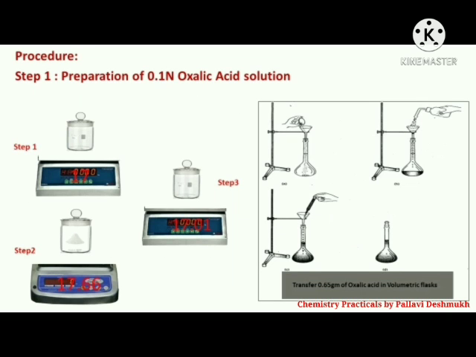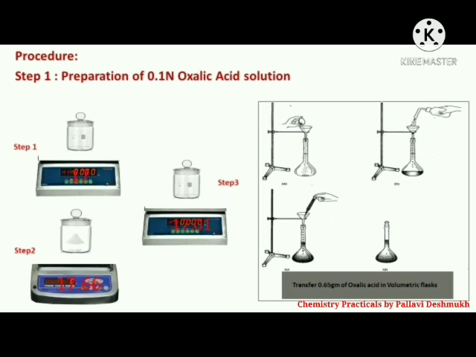Now the procedure. In the first step, we have to prepare 0.1 normal oxalic acid solution, and for that we have to note down the weight of the empty, clean and dry weighing bottle. After that, add approximately 0.65 gram of oxalic acid into the weighing bottle and note down the weight.